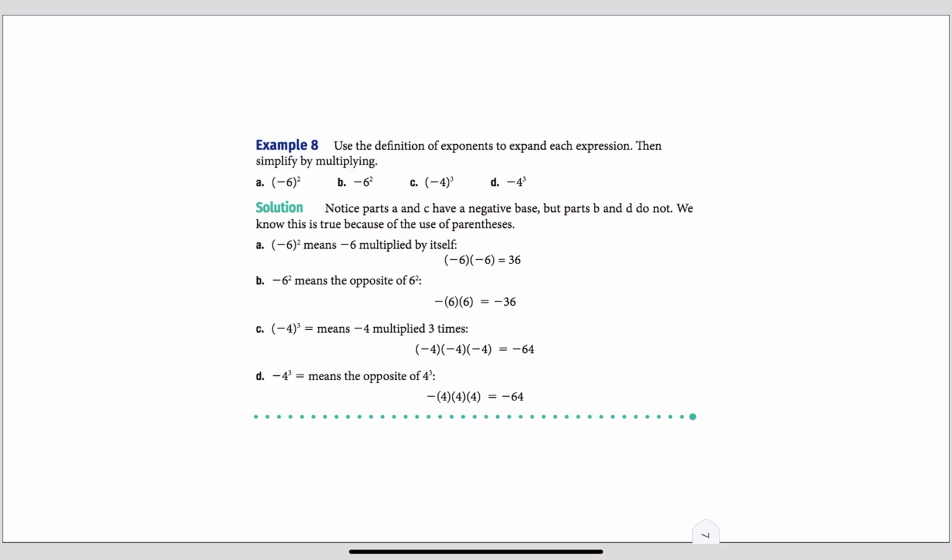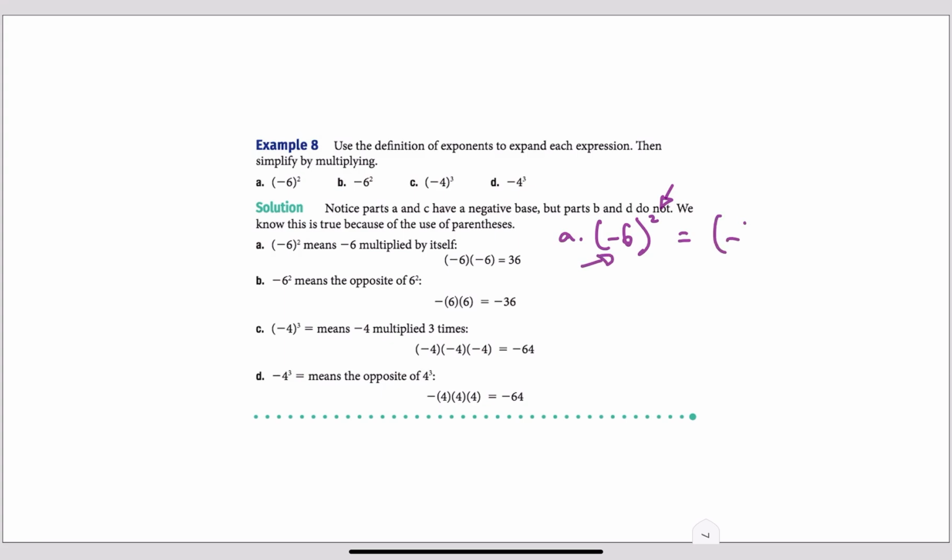Okay, so now we can apply what we know about negative numbers in multiplication, and we can understand how exponents work. So let's look at A. Negative 6 to the second power, or negative 6 squared. We know that the exponent, the 2 up here, right, means how many times you're going to write the base in multiplication.